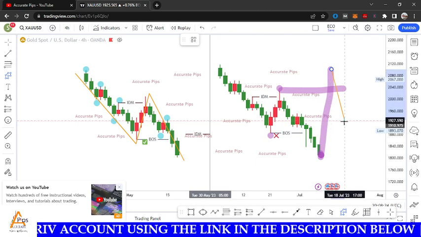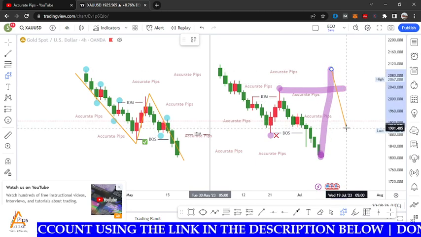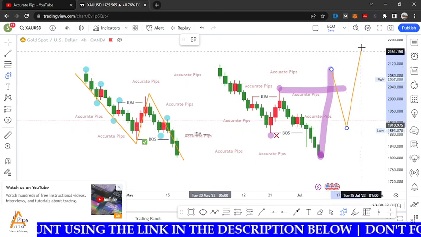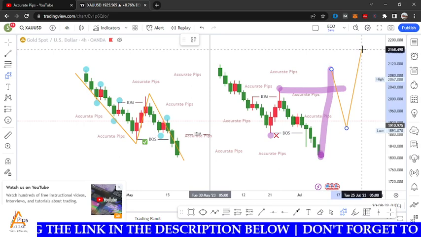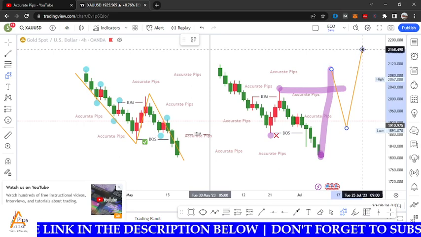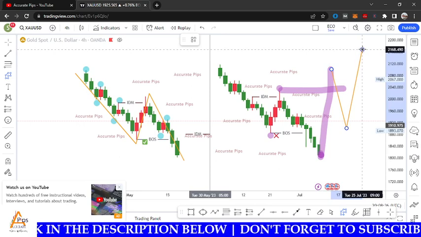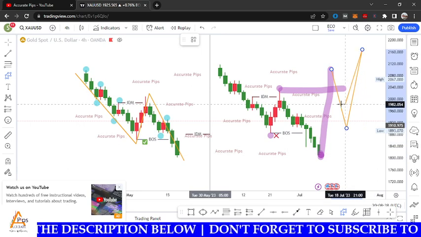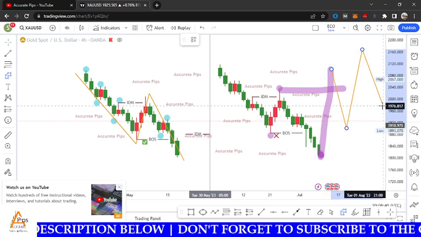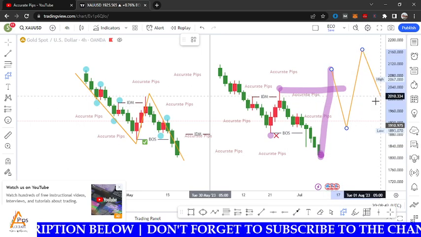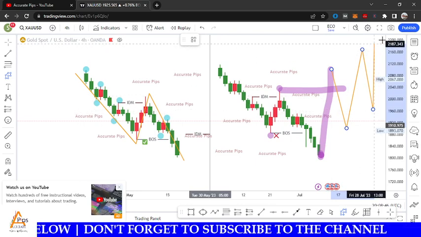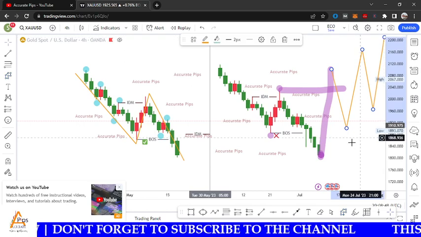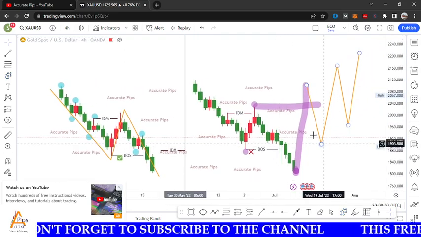Maybe if the next one comes like this, and then we have another confirmed high created, then we know that the market has truly changed direction, which means you'll be looking for buys from these next pullbacks that will occur, and then it will start the bullish trend.